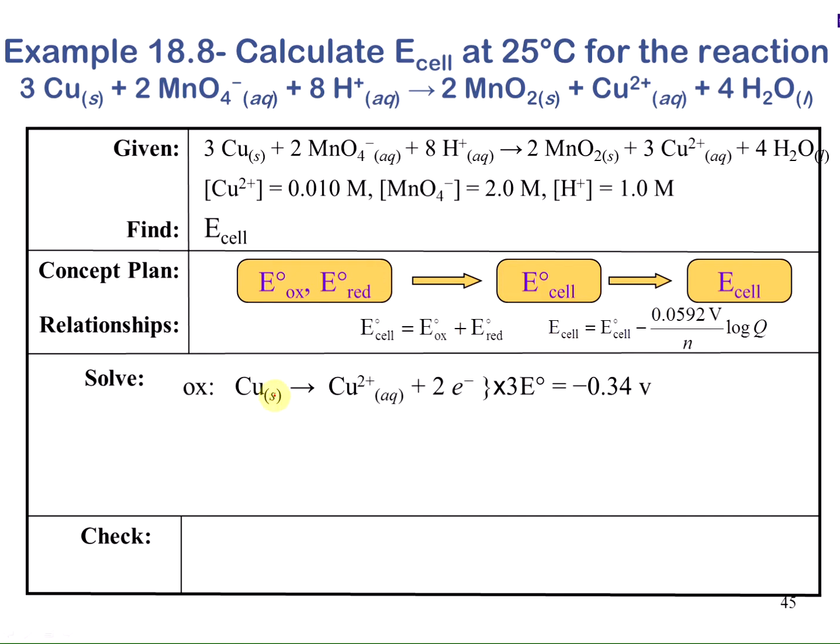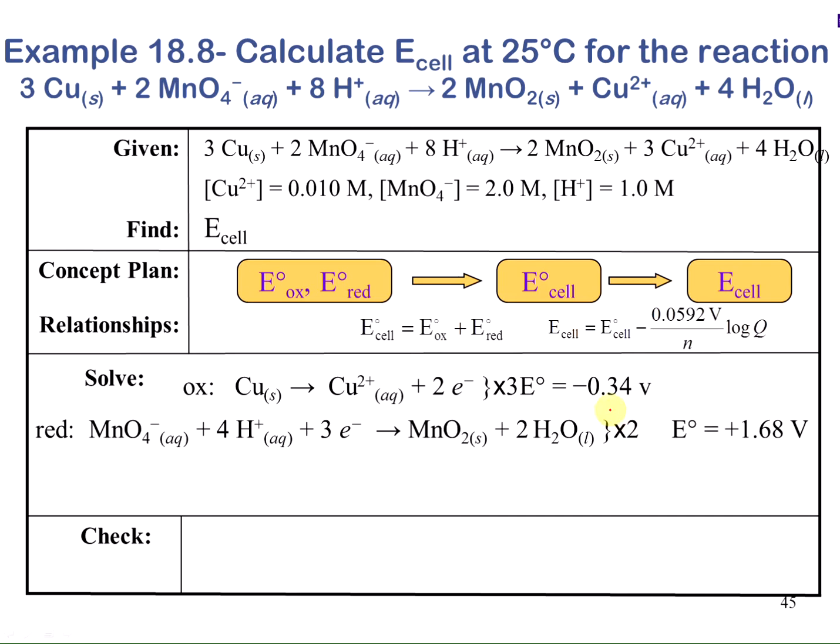Okay, so the copper is being oxidized. Because the reduction potential of copper 2+ is positive 0.34 volts, the oxidation is minus 0.34 volts. And the reduction potential of this reaction here is 1.68 volts, and this is from the table.